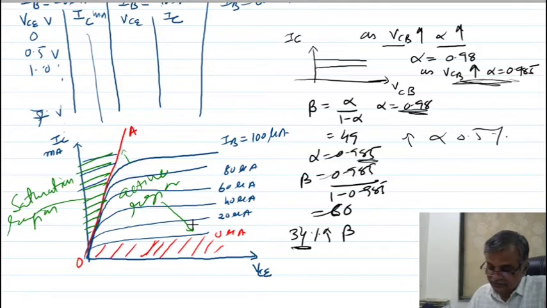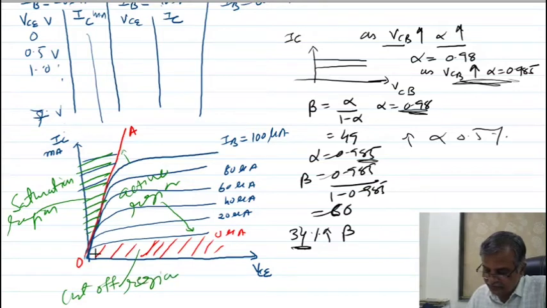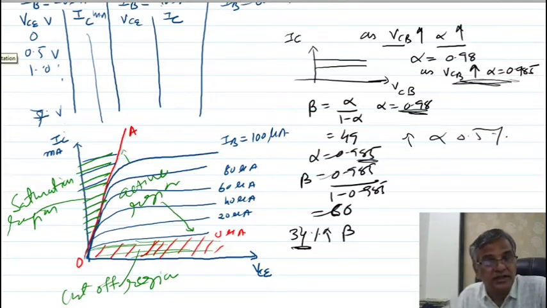And this region is called the cutoff region. In the cutoff region, both the junctions are in reverse bias. Current does not flow here. In the saturation region, both the junctions are in forward bias.